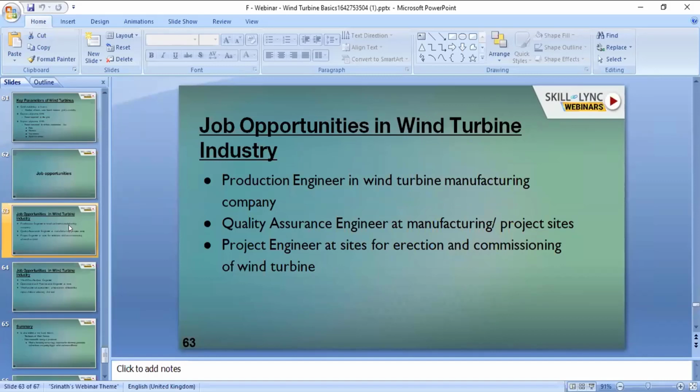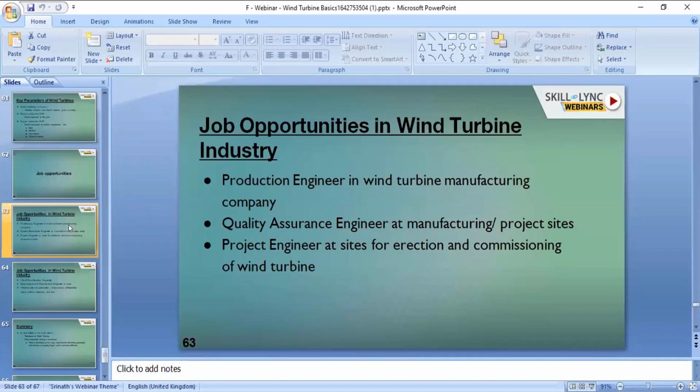Mechanical and fabrication engineers find work in tower manufacturing, gearboxes, and all fabrication items used in the wind turbine. For electrical engineers, there are all the generators and electrical systems and substations. Electronics engineers are recruited for automation, control panels, and power electronics.